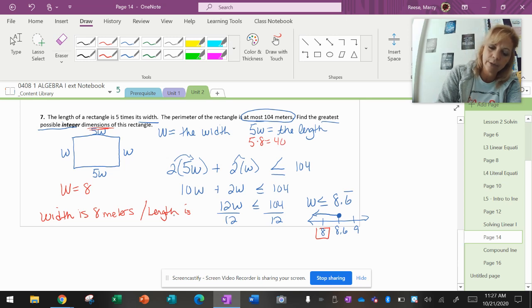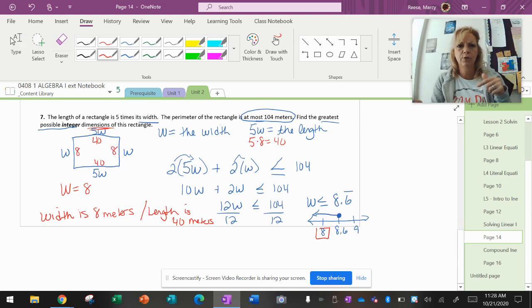So the length is 40 meters. So this would be 40, 40, 8, and 8. And even if you wanted to double check, like add them all up, just make sure that it's not over 104. That would be important to do, right? And when you add all those up, you can do that, okay?